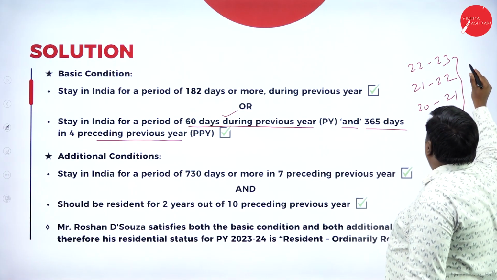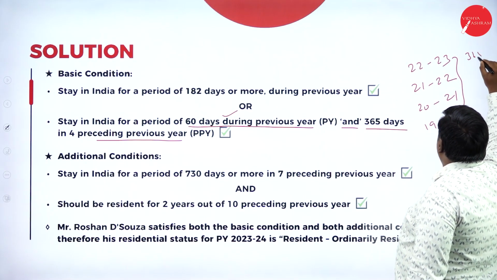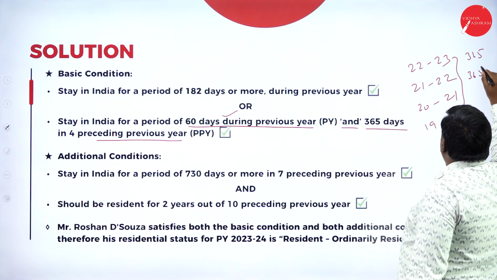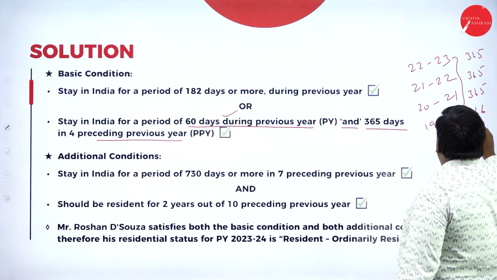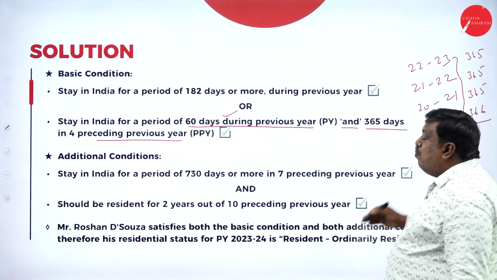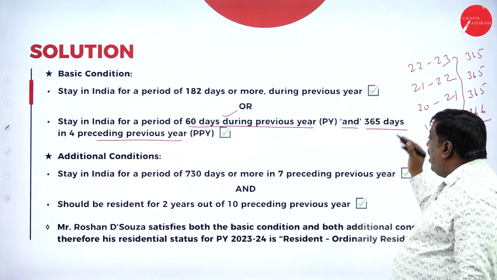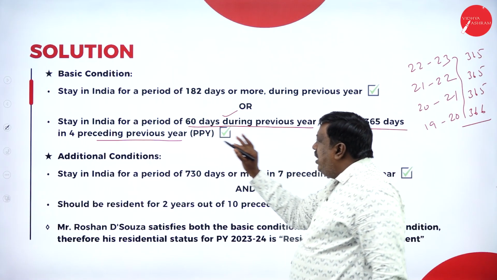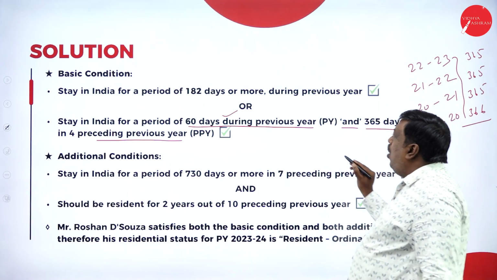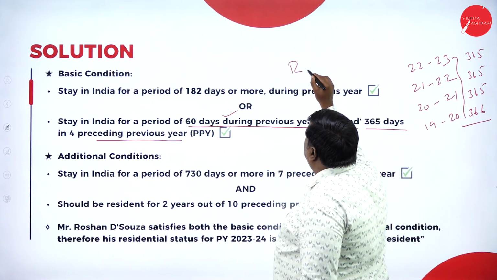So it is 365 days, 365 days, 365 days and 366 days. I was in India for more than the requirement. So I satisfied my remaining part, and the second basic condition. Now they are going to call me a resident.